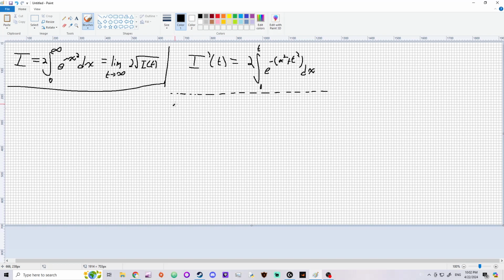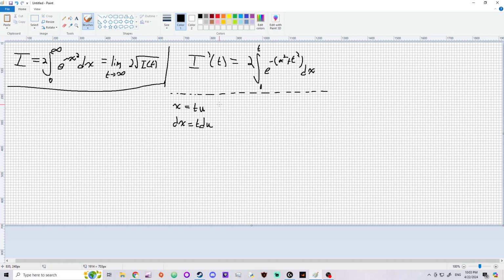Anyway, the change of variables we're going to do is x equals t u. So what is dx? You know what? I'm going to rewrite this as x equals t u, and that means that dx is equal to t du.